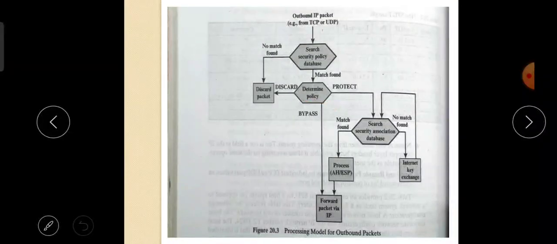Then, determining the policy: if no match, discard the packet; bypass, then forward it to the network; protected, then search the SAD. If no match is found, then IKE, Internet Key Exchange; if a match is found, then process, which means we perform the operations and then forward into the network. That is about the outbound packets.